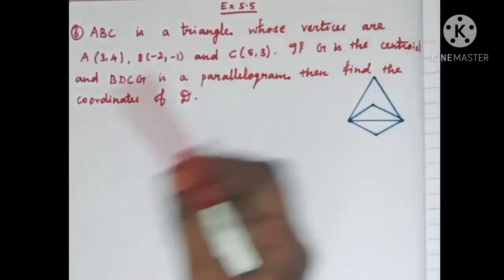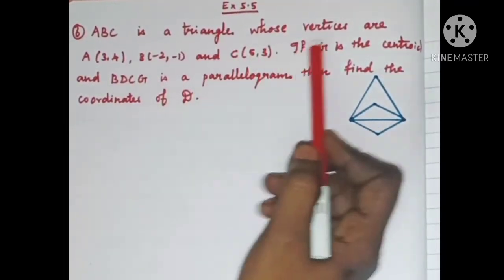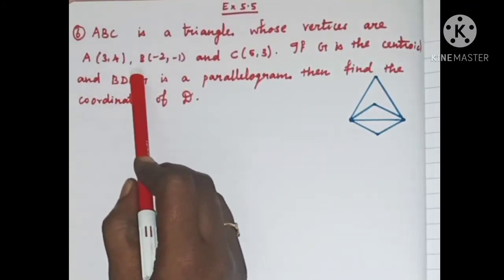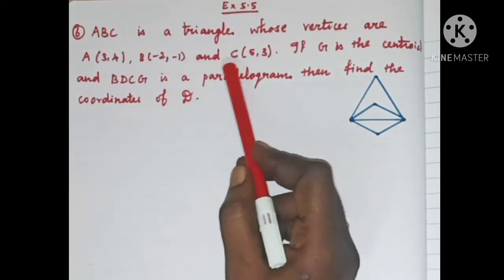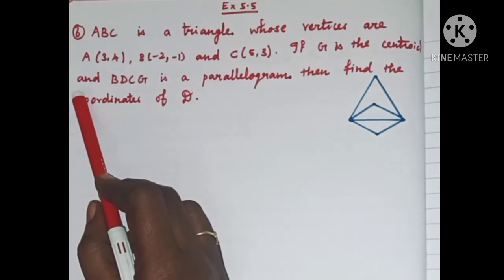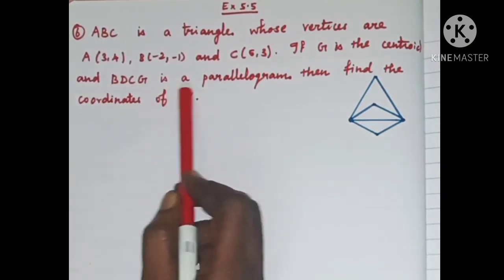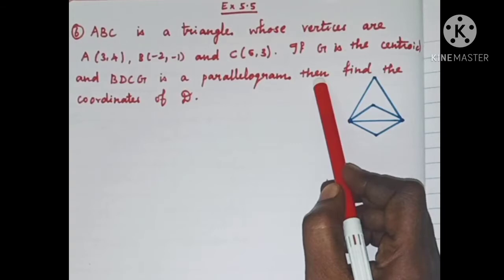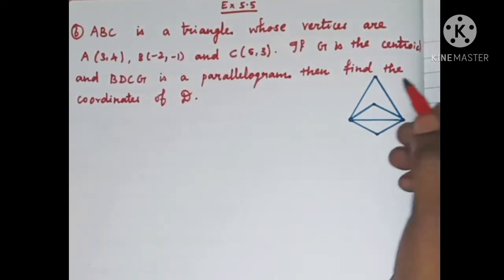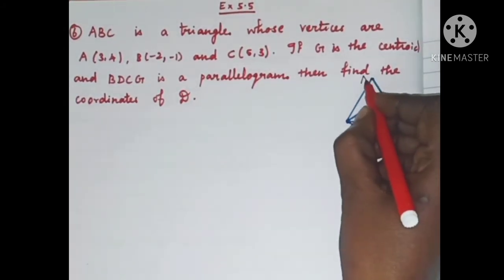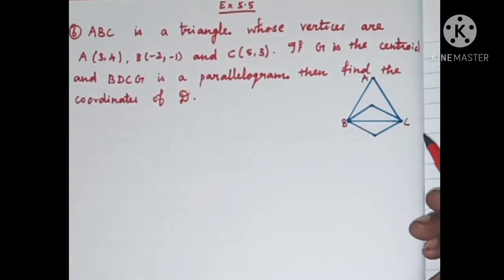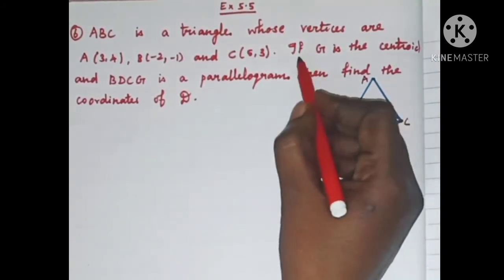Exercise 5.5, sixth sum. ABC is a triangle whose vertices are A (3, 4), B (minus 2, minus 1) and C (5, 3). If G is the centroid and BDCG is a parallelogram, then find the coordinates of D. This is the triangle ABC and G is the centroid.